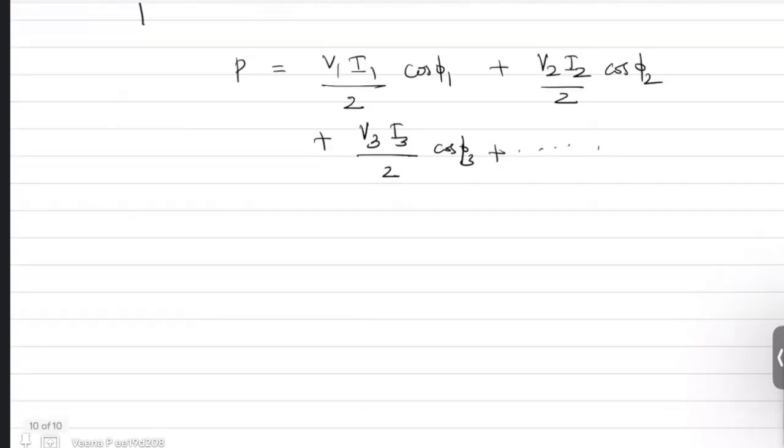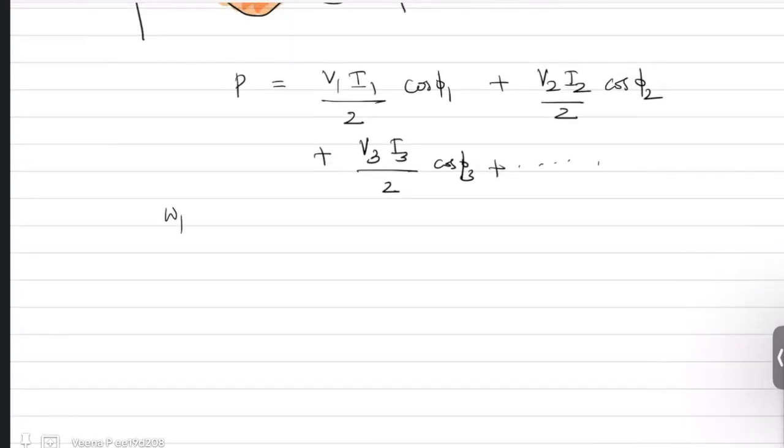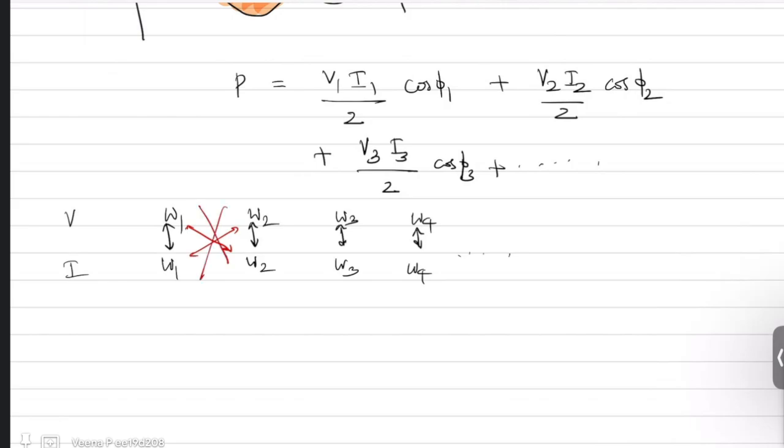So when you have voltage and current with different frequency components, you can observe that the similar frequency components will only constitute the real power. The dissimilar frequency components will not constitute real power.